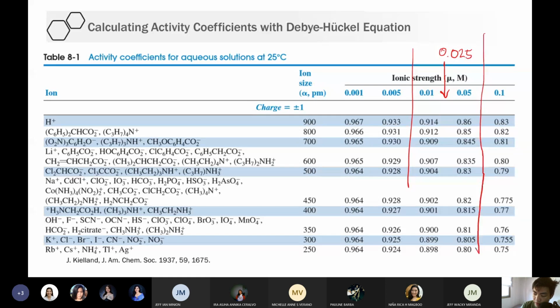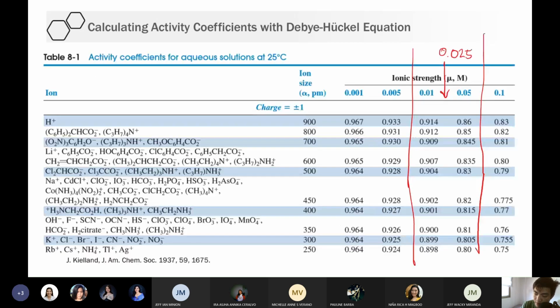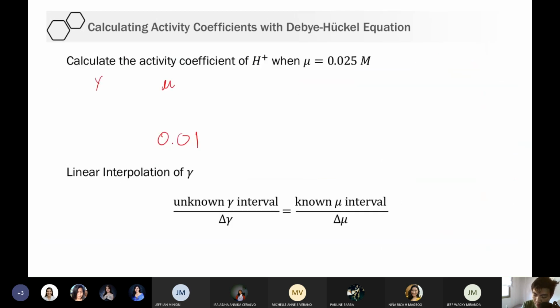So this will be our limited range. The lowest ionic strength in our range is 0.01 molar, and the corresponding gamma for H plus is 0.914.